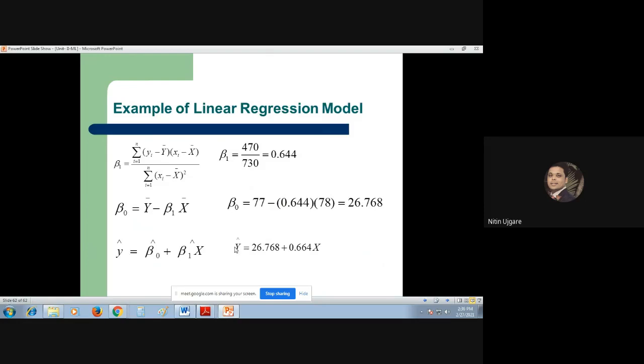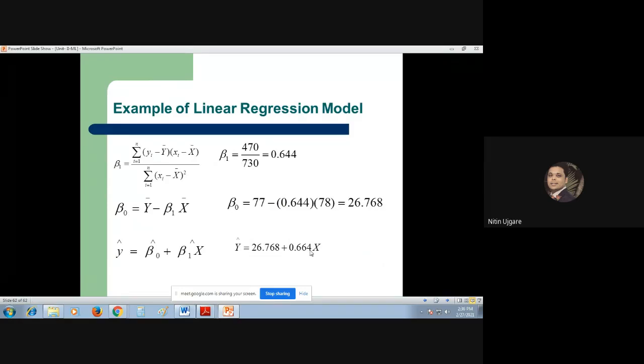Still the value of y will be beta 0. Even if the value of your independent variable is 0, that means 0 into beta 1, that is 0.66 into 0, that will also be 0. Still the value of our dependent variable will be beta 0. Why? Because beta 0 is 26.76, something is there in our linear regression.